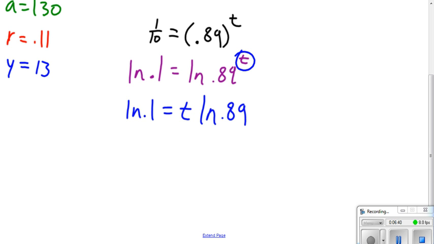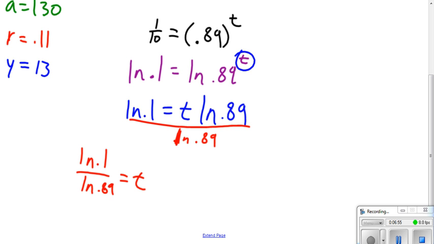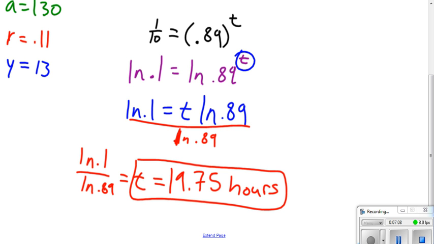Now we'll divide both sides by natural log of 0.89, which leaves us with natural log 0.1 over natural log 0.89 equals t, which in the end, if we plug that into our calculator, t would come out to 19.75 hours. So it takes almost 20 hours for 90% of that caffeine to get out of your system.